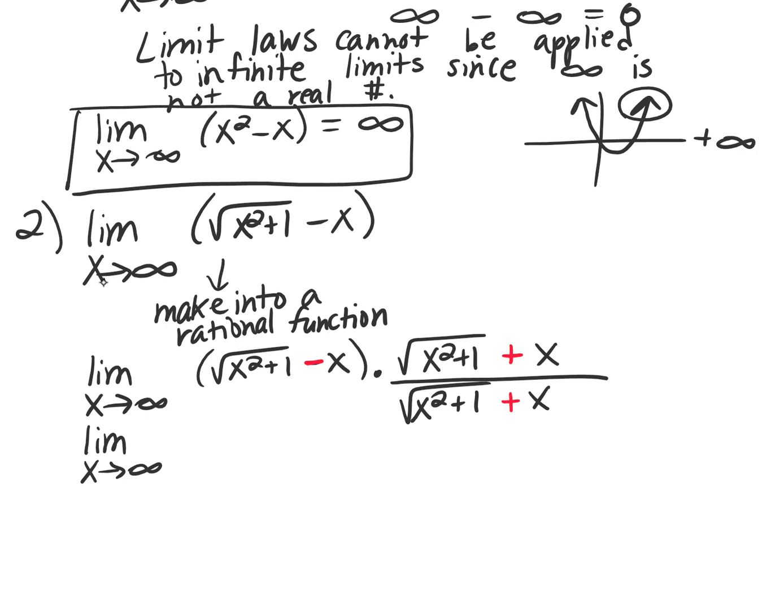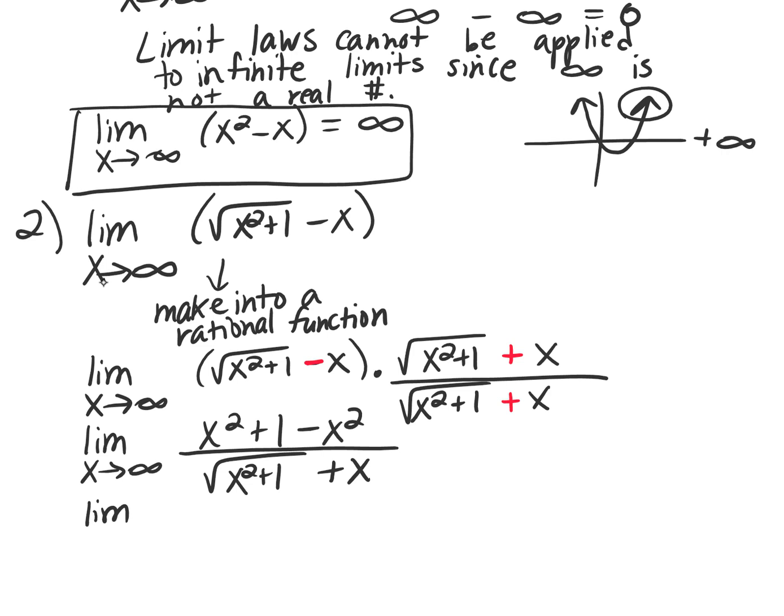So we're creating the fraction scenario here. We'll get x squared plus 1 minus x squared over the square root of x squared plus 1 plus x. And we get the limit as x approaches infinity of 1 over the square root of x squared plus 1 plus x.